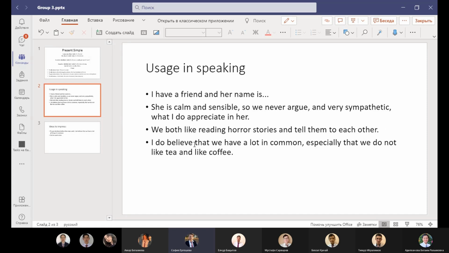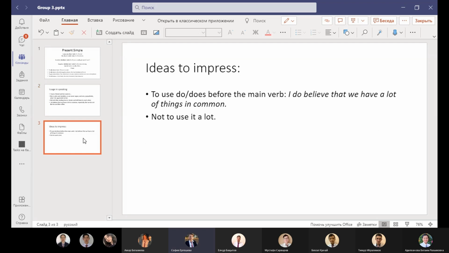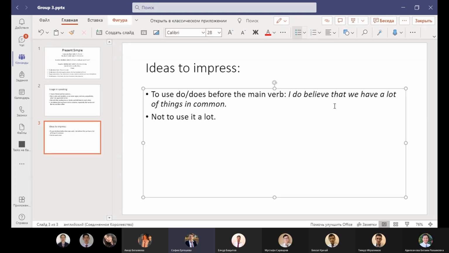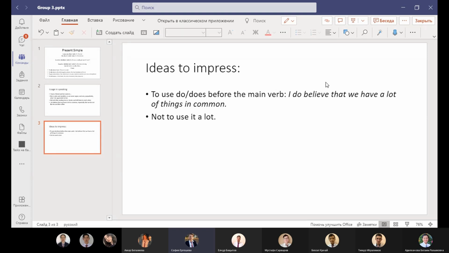And I do believe that we have a lot in common, especially that we don't like tea and like coffee. To impress, we can use do, does before the main verb. For example, I do believe or I do agree. And I think that we shouldn't use present simple a lot because it's a pretty simple tense.